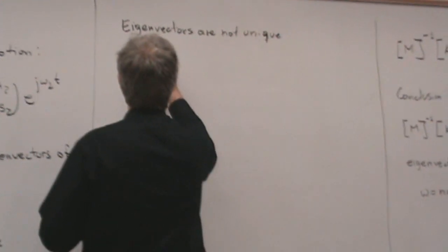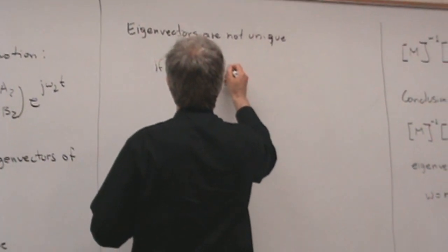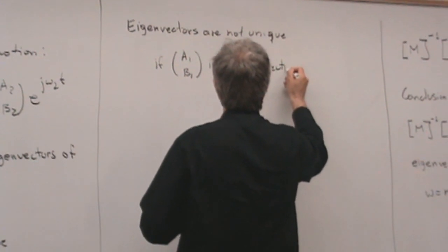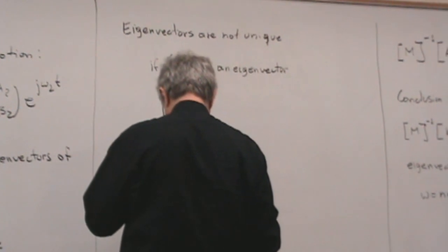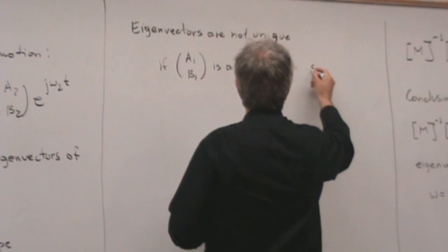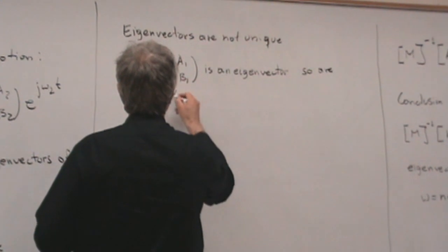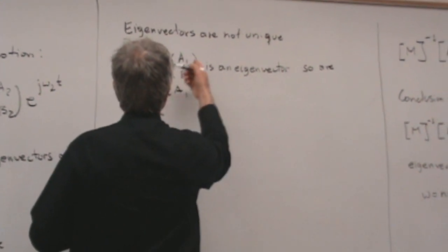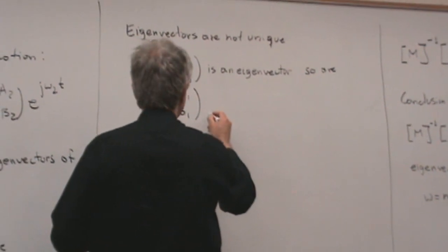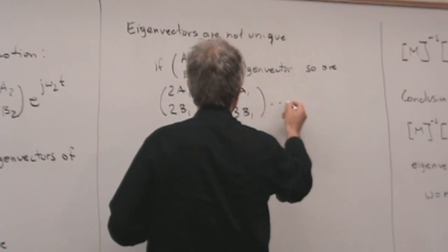That means if A1, B1 is an eigenvector, then 2 times this vector, so 2A1, 2B1, 3A1, 3B1, and so on.